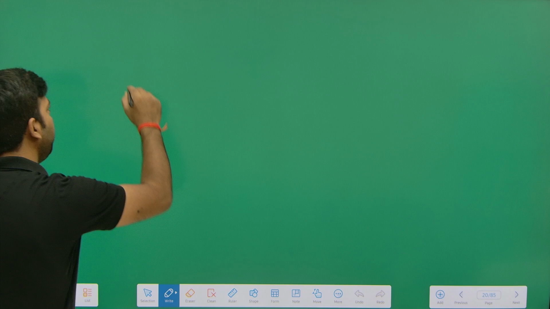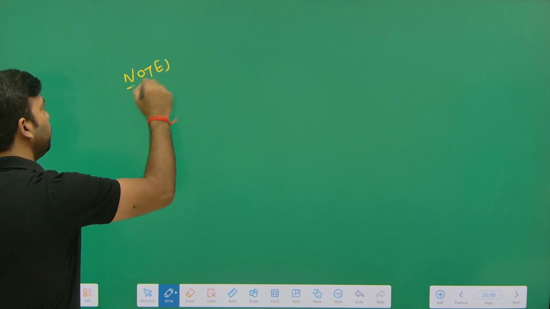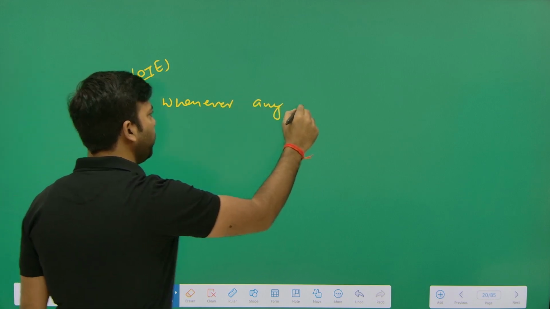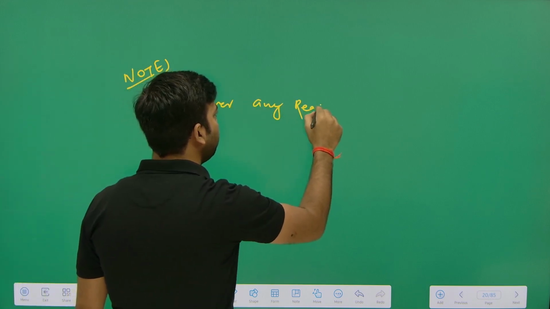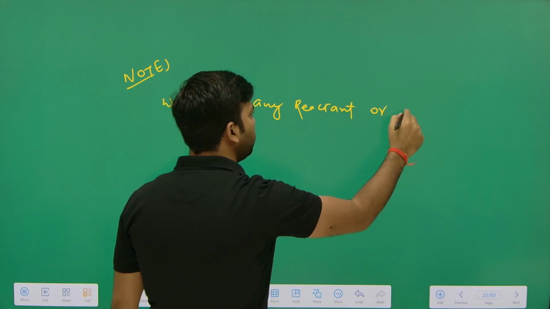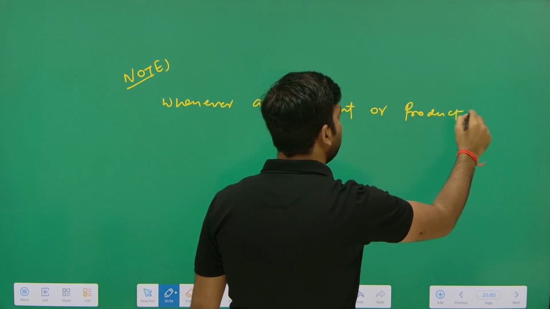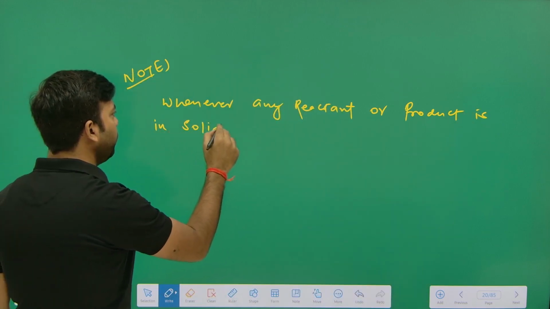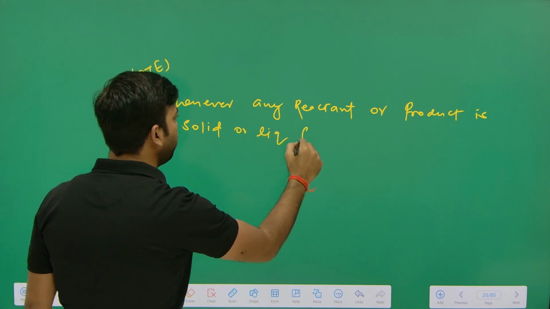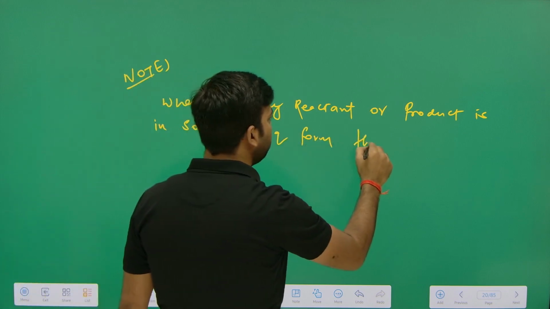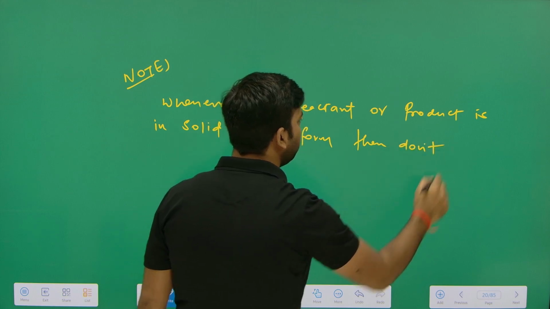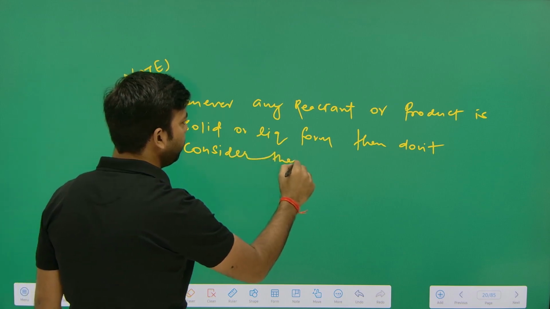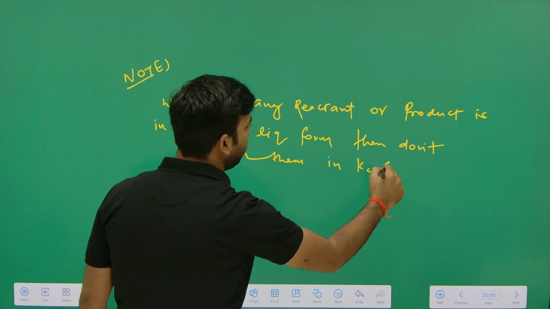There is an extra point, note point. Whenever any reactant or product is in solid or liquid form, then don't consider them in Kc and Kp.